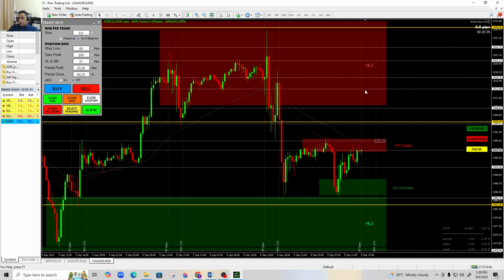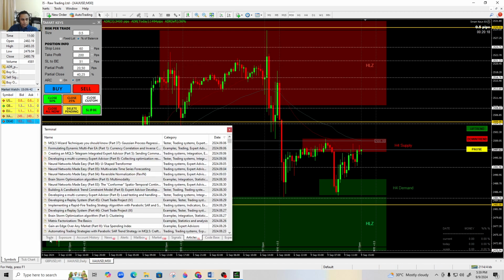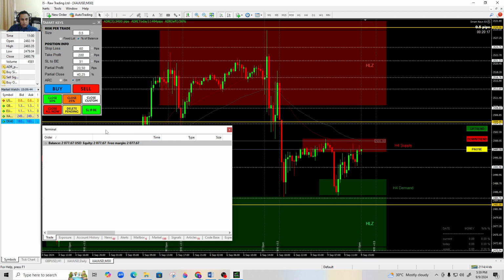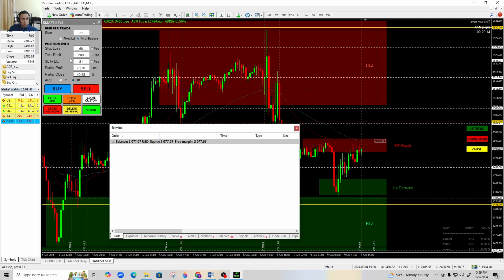Okay, in terms of lot sizing, what lots do I trade? So now this account, let's see what this account is. Okay, so this account is $2,000. It's an IC Markets live account, as you can see, right?